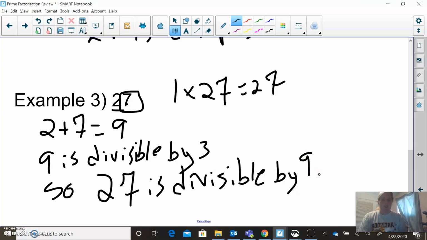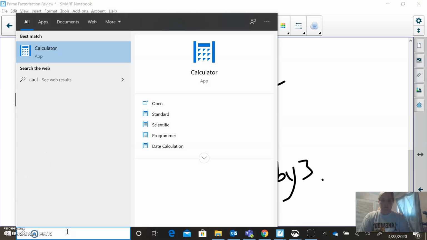So 27 is divisible by 3. If 27 is divisible by 3, then that means there's something you can multiply by 3 to get to 27, okay? So if you want to, you can come into your calculator.